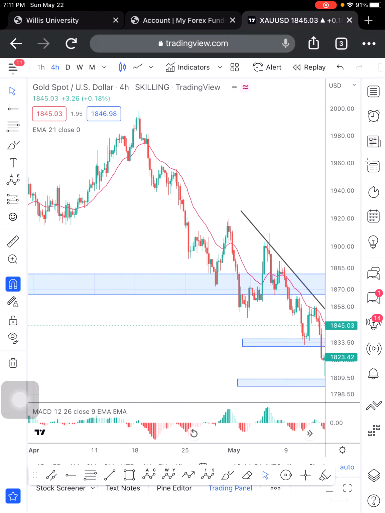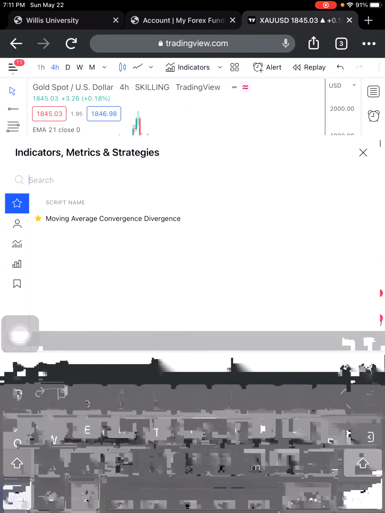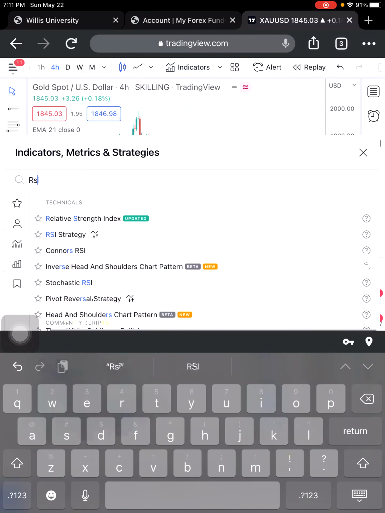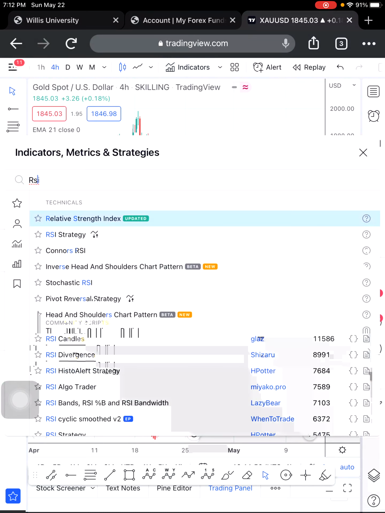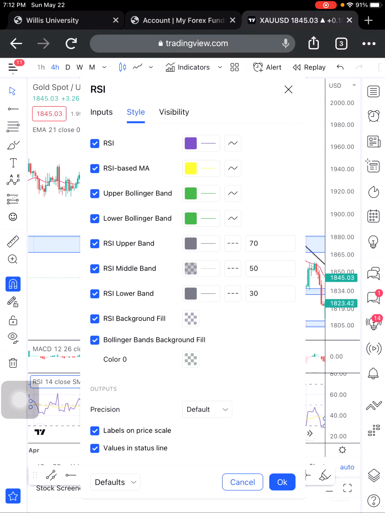Now let's add our indicator RSI, and I will show you my settings. Now we'll come to the settings. This moving average, I don't need you.